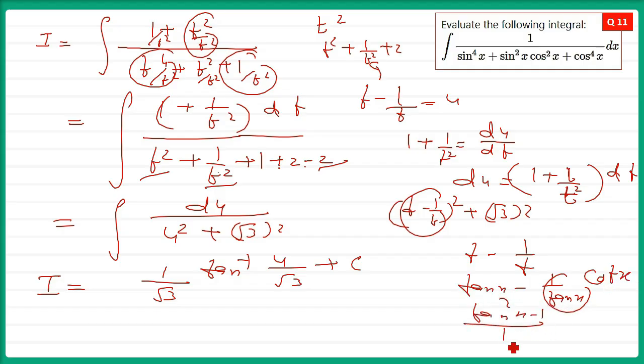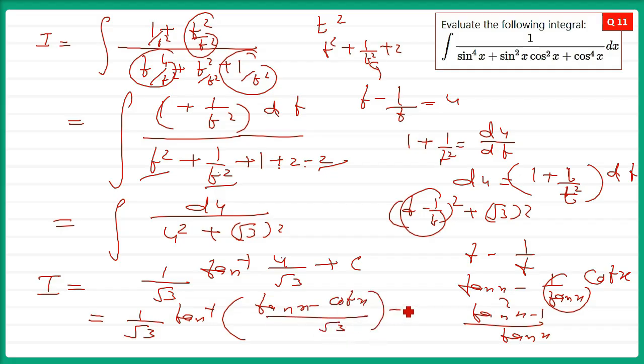It's better just to keep this as tan x minus cot x. So 1 by root 3 tan inverse of tan x minus cot x divided by root 3 plus a constant of integration. This is your final answer.